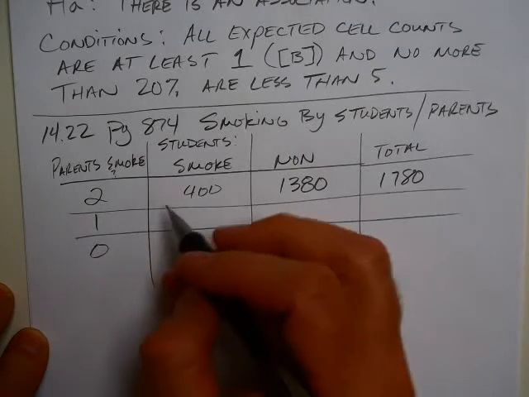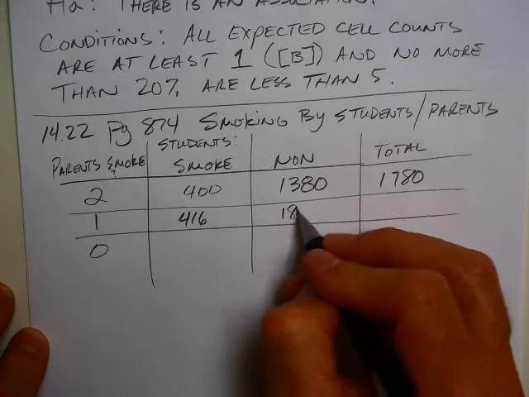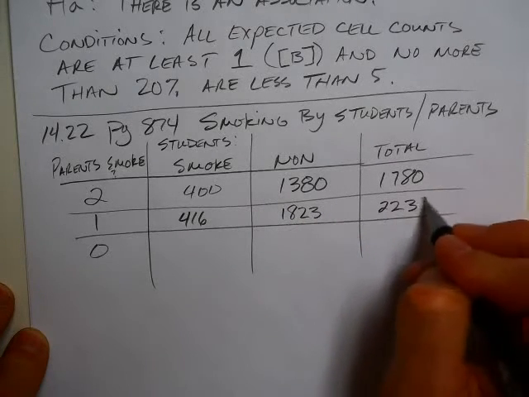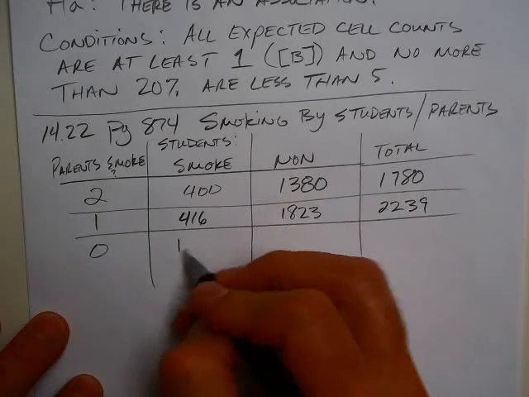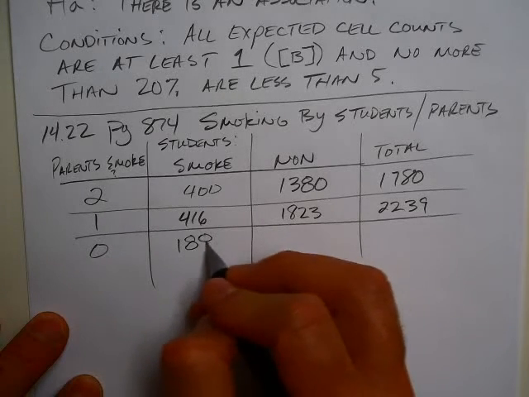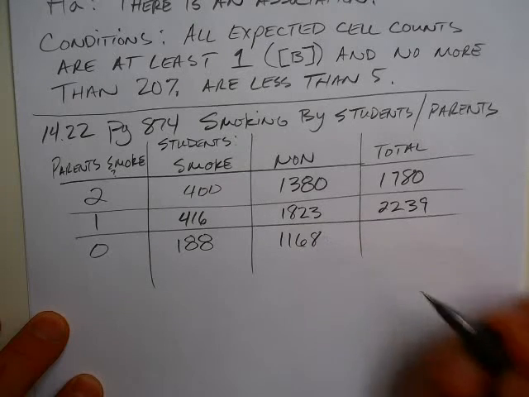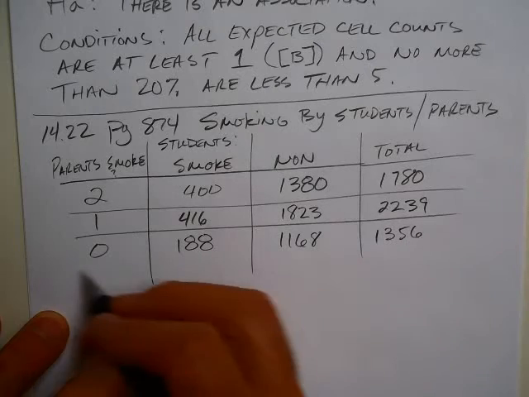For one parent, I've got 416 that smoke, 1823 that do not, and 2239 is a total. And 188 smokers where neither parent smokes, 1168 for non, and 1356.